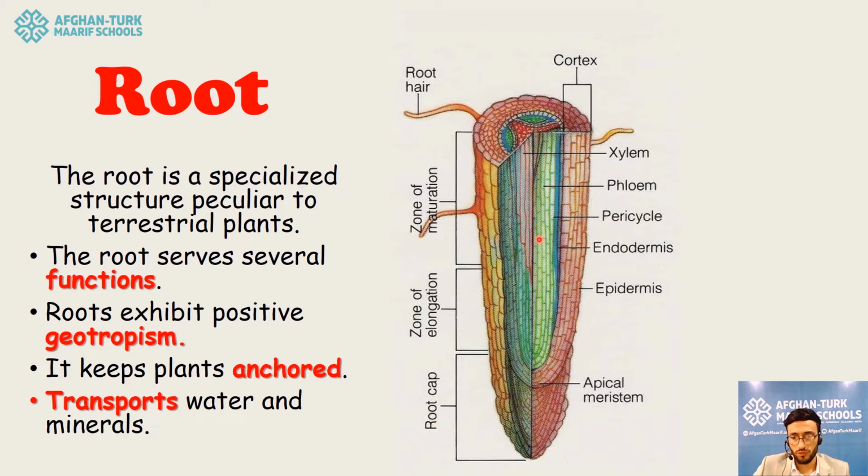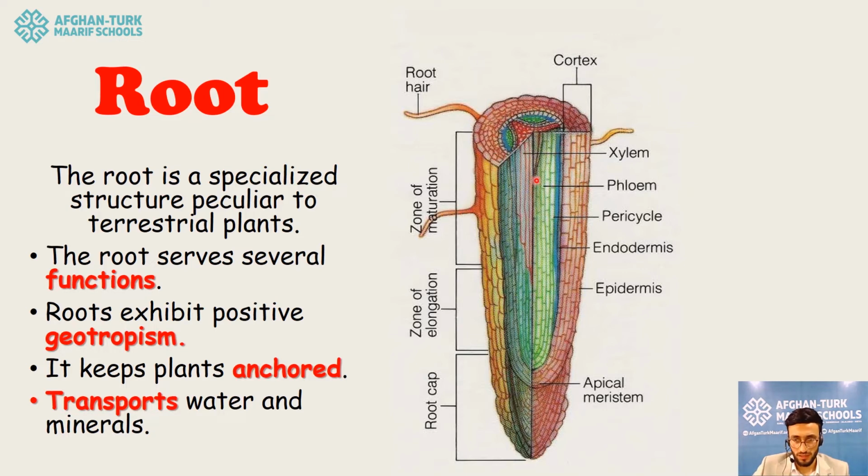Inside the root, you can find different anatomic structures. The main one is the cortex. The cortex is a special regular structure which protects and shapes the root.